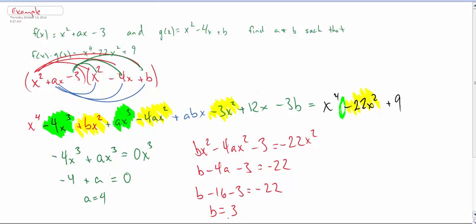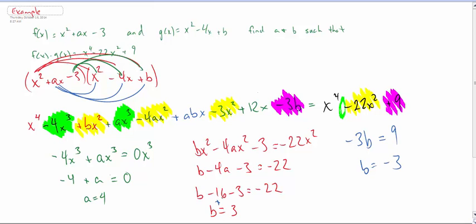And now, to make sure that we're on the up and up here, we need to look at the rest of these terms. I'm going to look at the constant term. That term does not have an x, nor does that one. So we know that negative 3b has to equal 9. According to this, b should be negative 3. Oh boy, I got positive 3 back here. Well, that's because I wasn't careful.